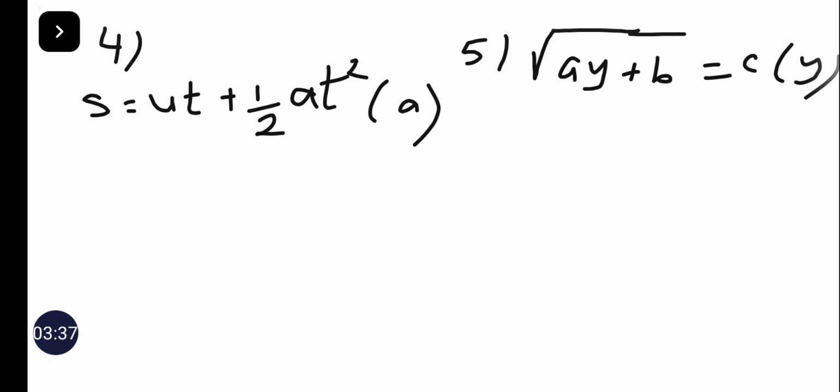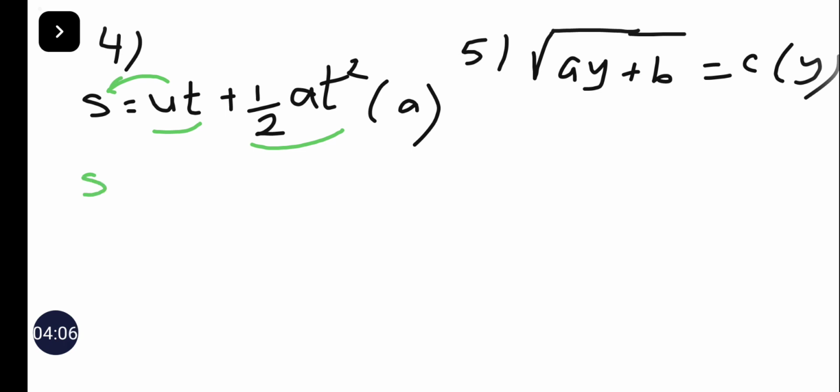Now, if you are given S is equal to UT plus half AT squared, to make A the subject here, we ask ourselves, we have UT here, and half AT squared this way. We notice that UT has nothing to do with A. So the first thing is we start by removing this UT. Either we cross multiply this way, or we take it away.